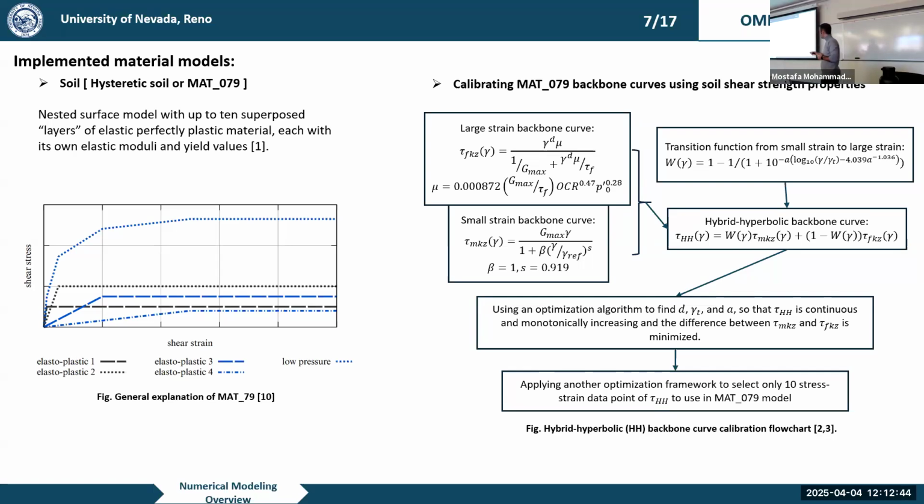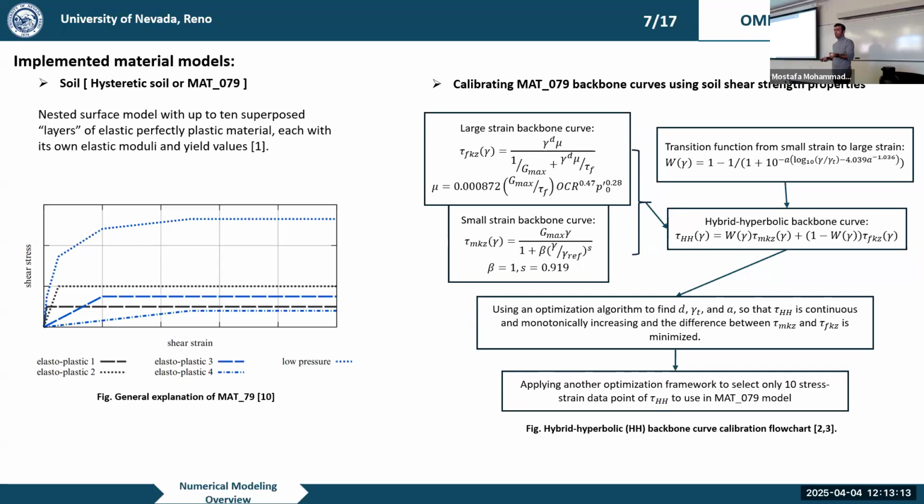What does it mean? If you take a look at this figure, you will see that we have a bunch of elastic, perfectly plastic stress-strain curves. By the way, we call this stress-strain curve the backbone. If we simulate them in a parallel spring system, we can sum all of them up and generate this unified backbone curve, which can have up to 10 different slopes.